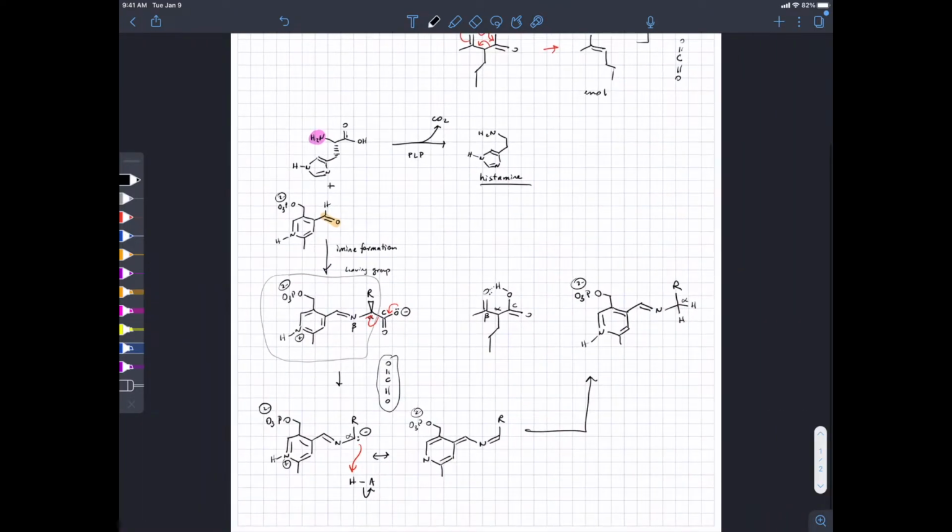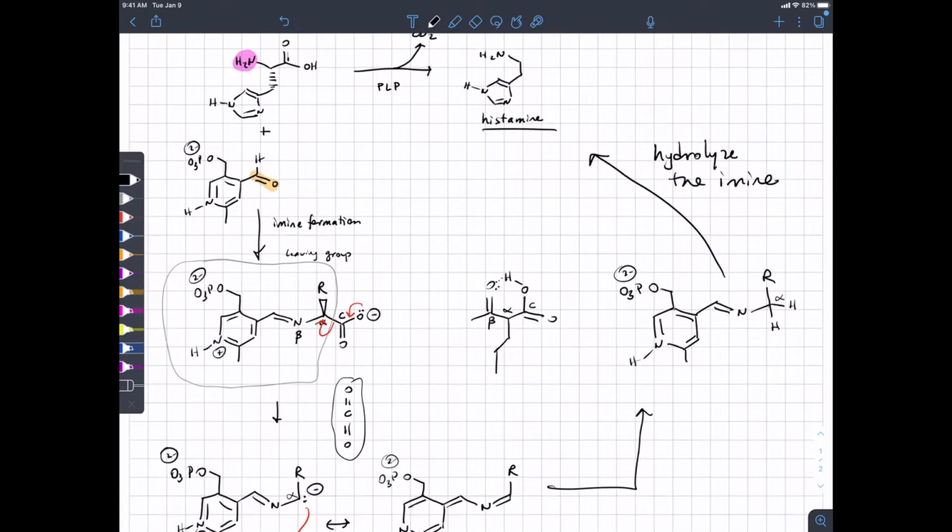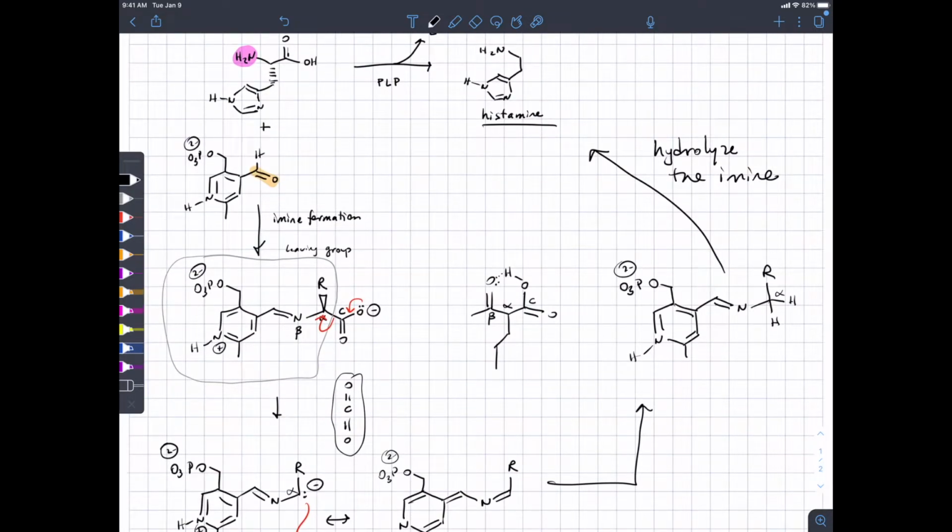And then we'll simply hydrolyze the imine, and I'm not going to show you that mechanism because we've done it before. Briefly, that would involve protonating the imine nitrogen to generate the iminium. Water would attack to give us a tetrahedral intermediate. We would do proton transfer to trade who's the good leaving group, and ultimately an amino group would get kicked off. This portion of the molecule becomes histamine.